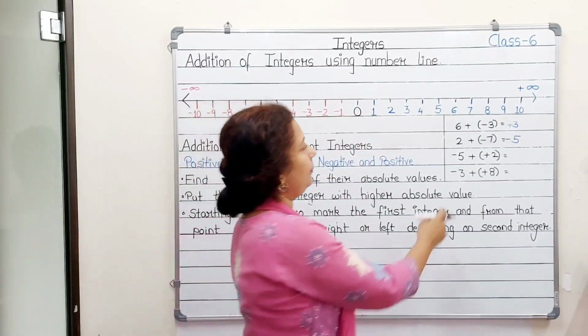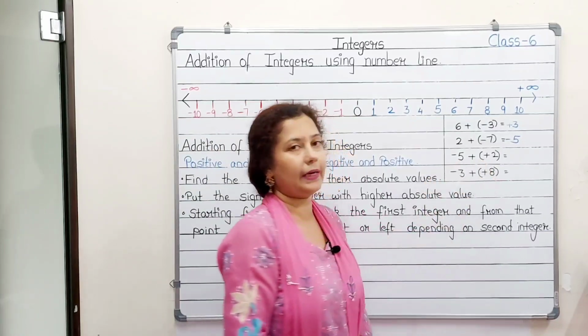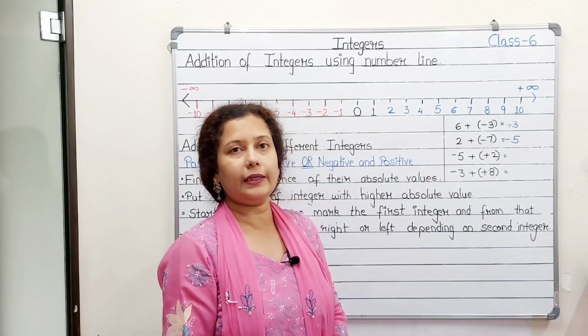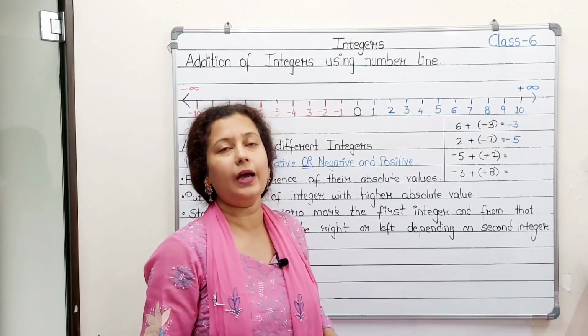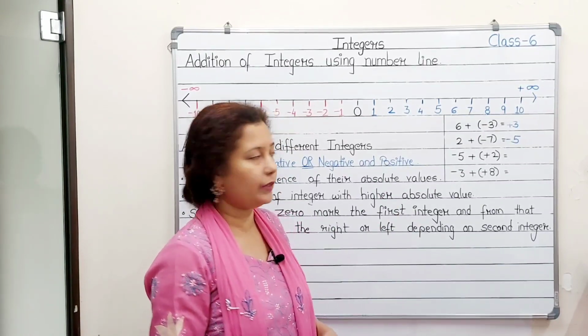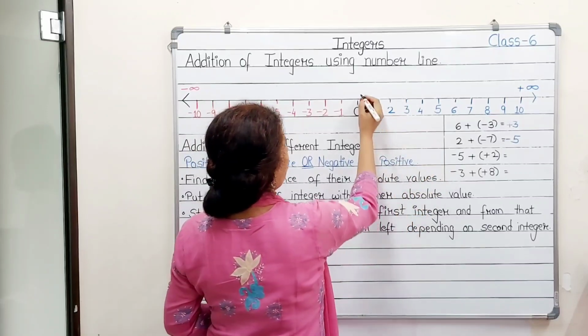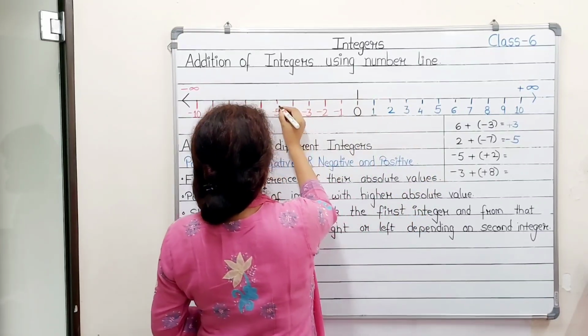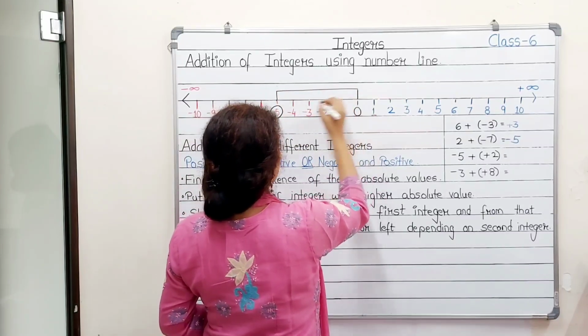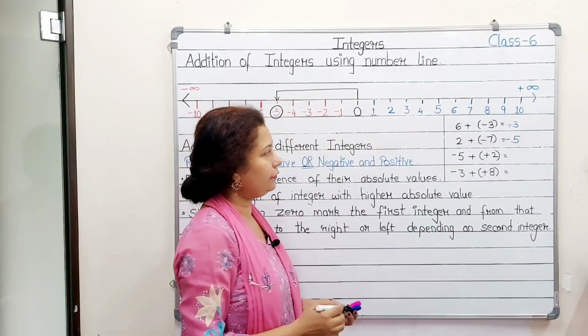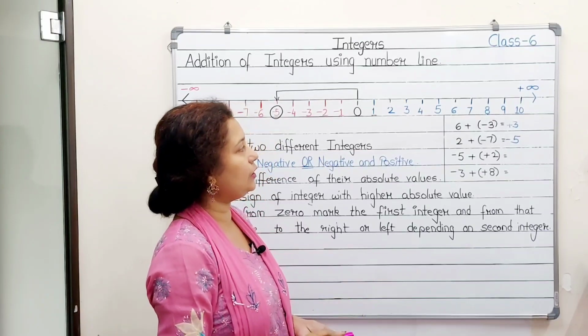Next example, minus 5 and plus 2. The first integer is negative, so first we will move to the left hand side of 0 and mark the first integer, minus 5, starting from 0. After that, it's plus 2.